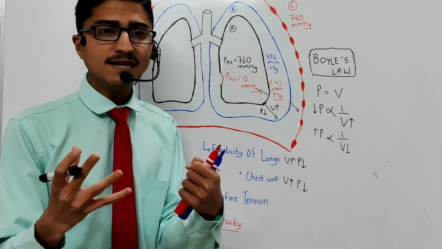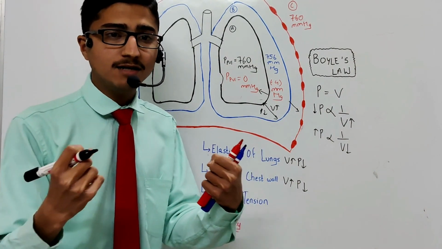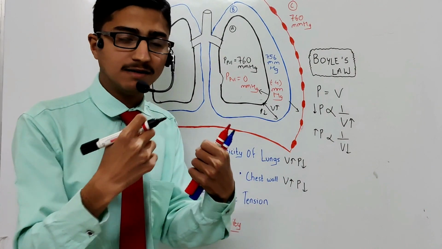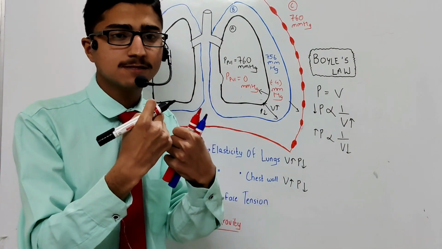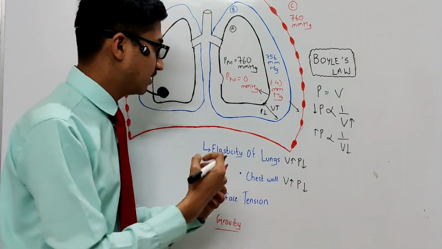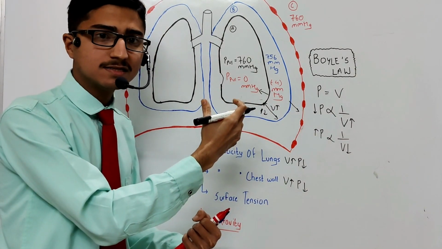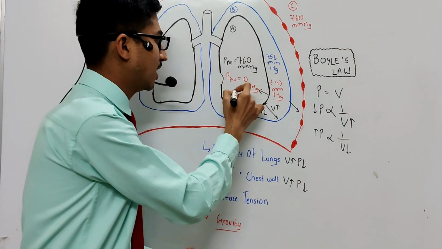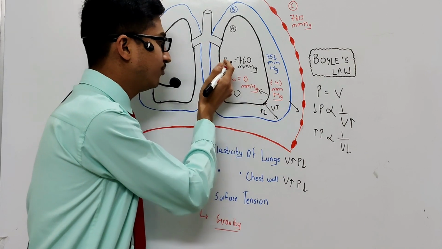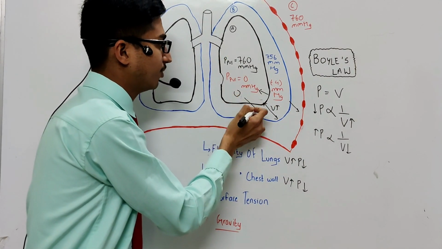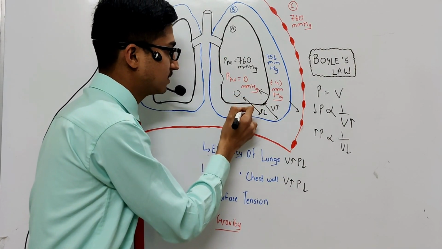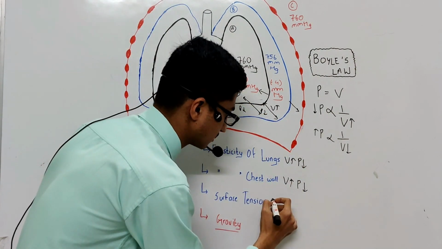The fluid inside the alveoli will try to pull the alveoli inward, that is, it tries to collapse the alveoli. The alveoli here will move inside. That's why the volume increases whereas the pressure decreases.